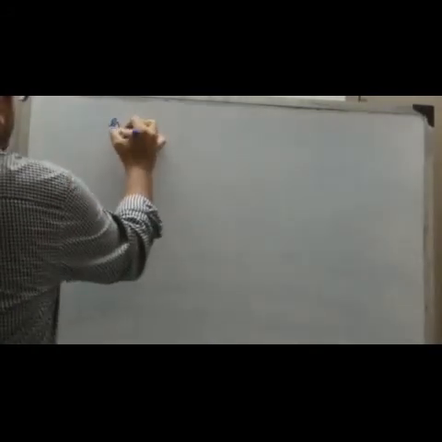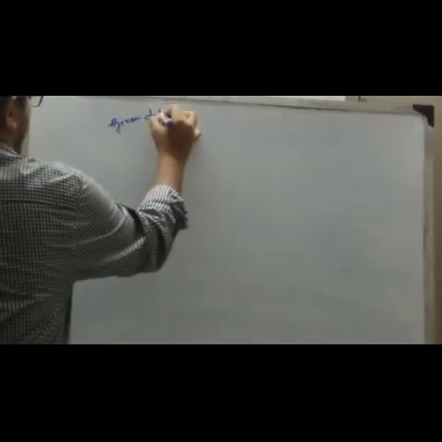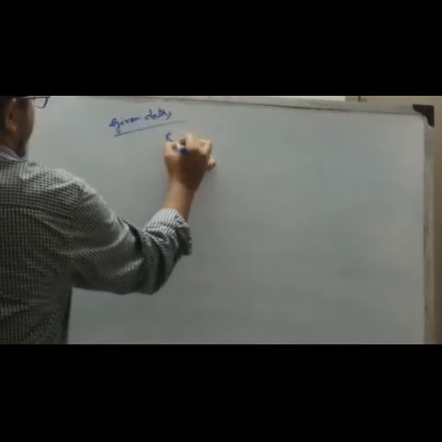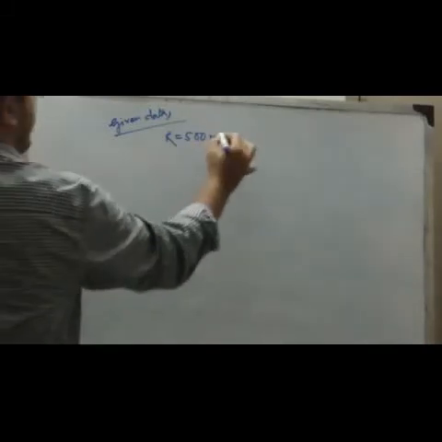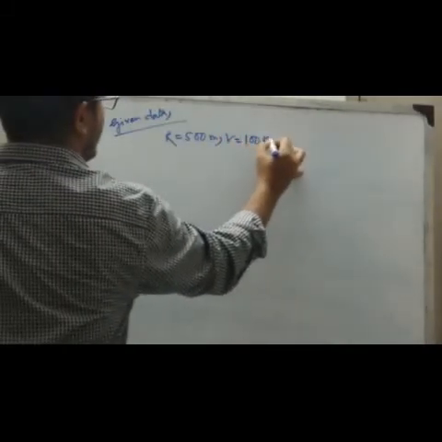That is, design the rate of super elevation for a horizontal curve in a highway of radius 500 meter and speed 100 kilometer per hour. So, what are the given data? The given data are radius is 500 meter and speed is 100 kilometer per hour.